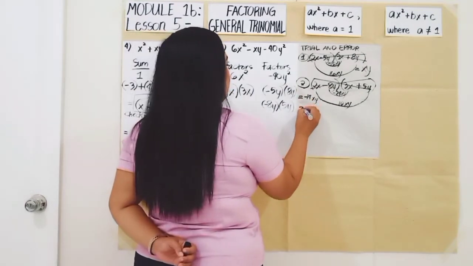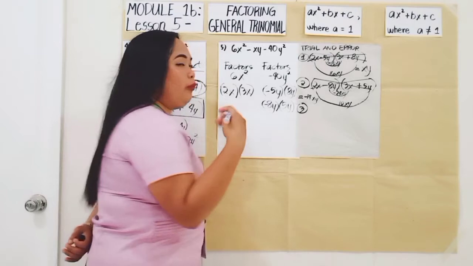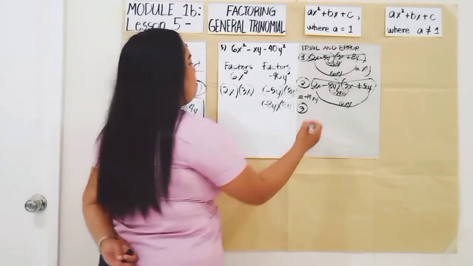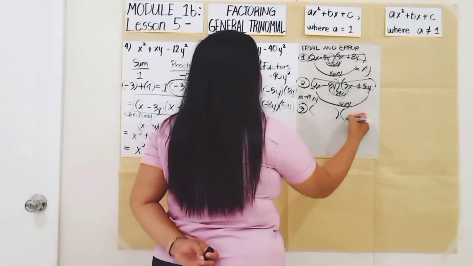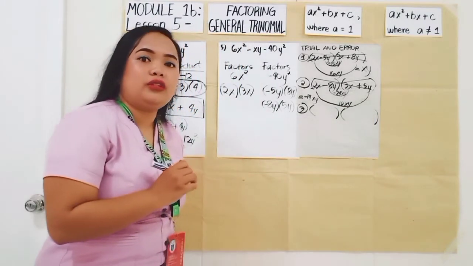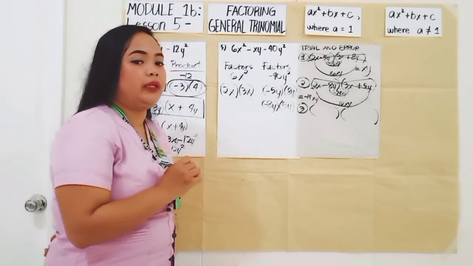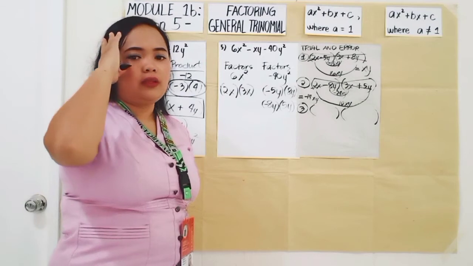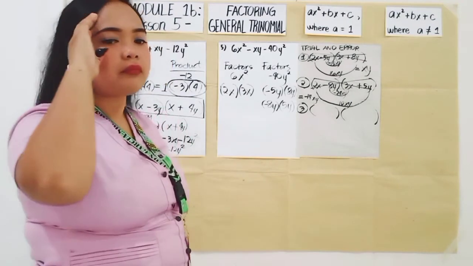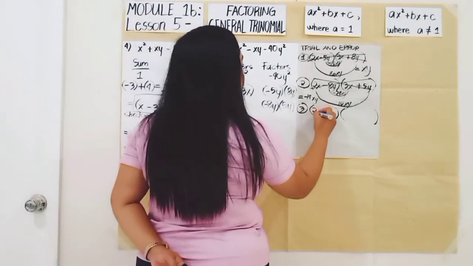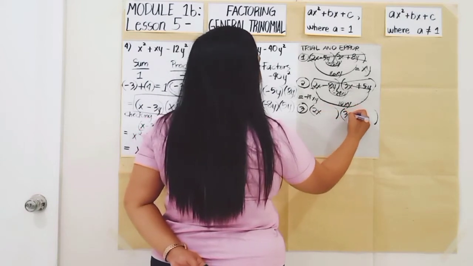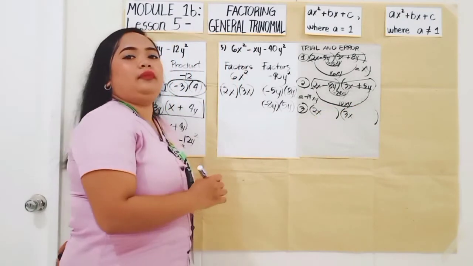So let us use again another combination of factors. Okay? So again, the two factors must be binomials. So let us use 2x and 3x.